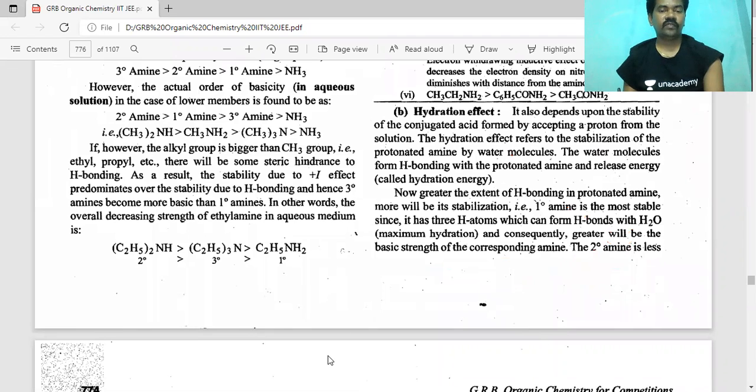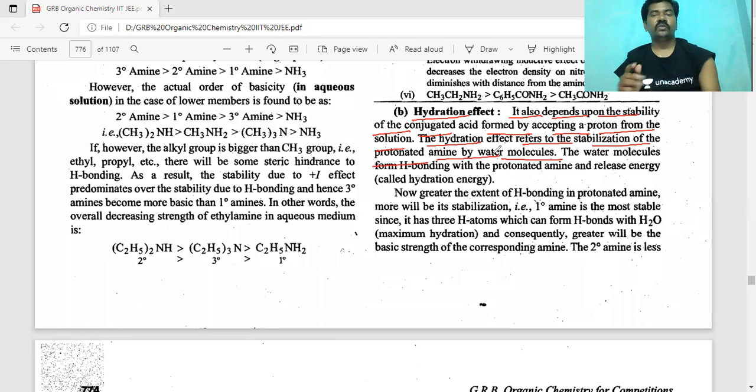So here, the hydration effect. Basicity also depends upon the stability of the conjugate acid formed by accepting a proton from the solution. The hydration effect refers to the stabilization of the protonated amine by water molecules.